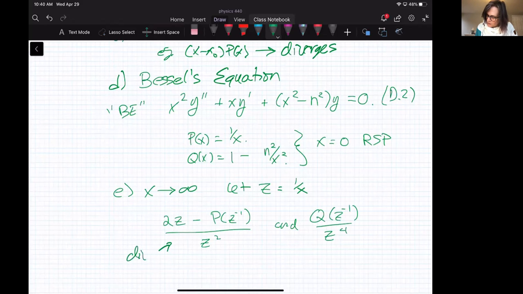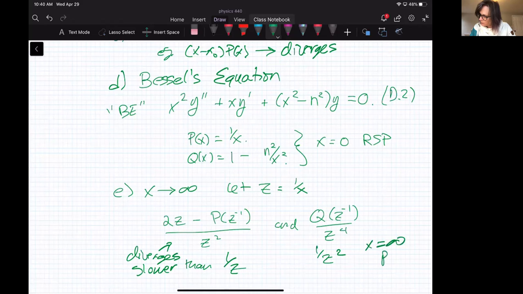This diverges slower than 1 over z. This goes as 1 over z squared. That is, at x equals infinity, we have a regular singular point. That is, as z goes to 0, x goes to infinity.